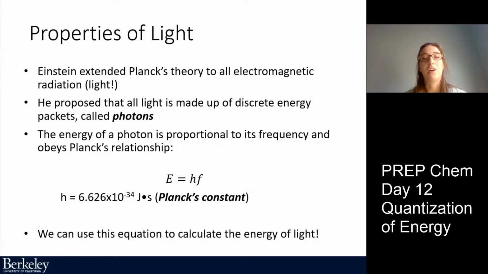And the energy of a photon obeys Planck's relationship. That means the energy is proportional to the frequency of the light, or the frequency of the photon. And again, here we also use Planck's constant, which is defined exactly the same way. So we can use this equation to actually calculate the energy of light.